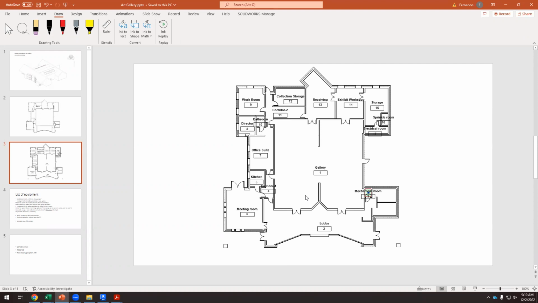Because it's very difficult to heat with the same device an art gallery with 200 people and an office with 2 people. The system won't work well because we have requirements for the art gallery and a different requirement for the director's office.